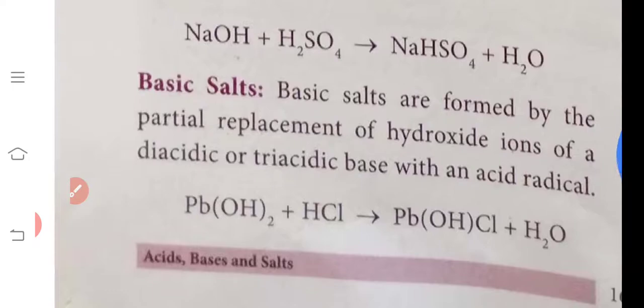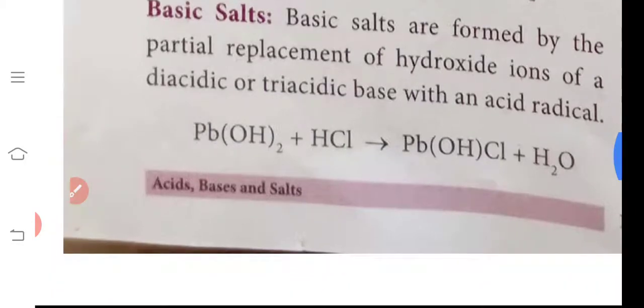And basic salts. Basic salts are formed by the partial replacement of hydroxide ions. You understand first, acid salts mean partial replacement of hydrogen ions. Basic means partial replacement of hydroxide ions, that is OH minus ions. So a diacidic or triacidic base with an acid radical.